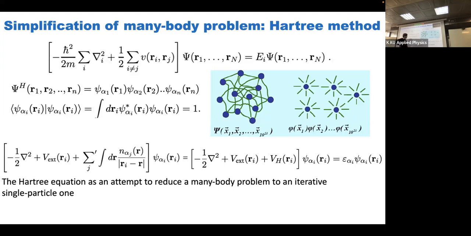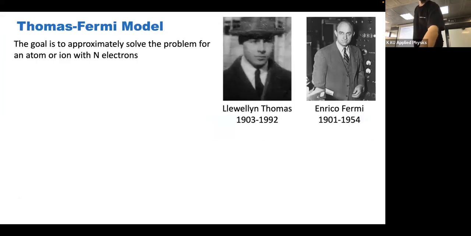And we get psi alpha and epsilon. So from psi alpha, we can get this electron density n alpha, and epsilon, or E, is just energy. It was one approach. And today I will tell you about another approach.